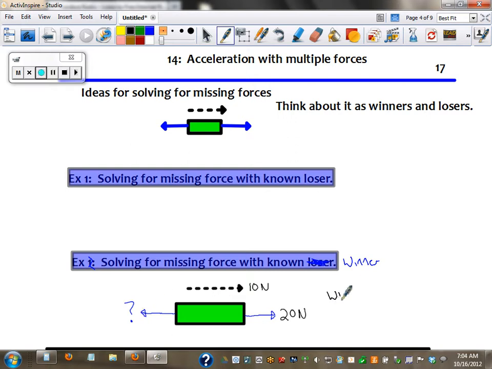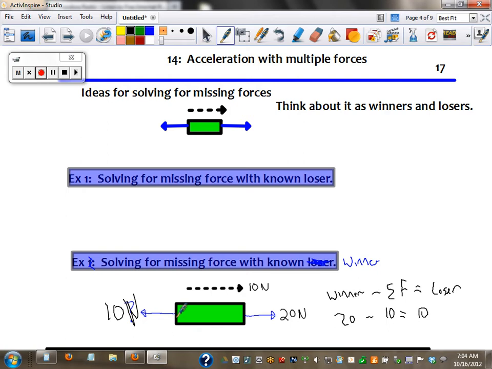So we have winner minus net force equals loser. So this one is resisting by whatever would make this equal 10. So 20 minus 10 equals 10 newtons. So 10 of this cancels out, and you're left with only 10 in the net force direction.